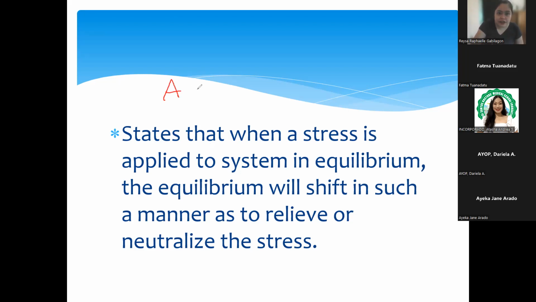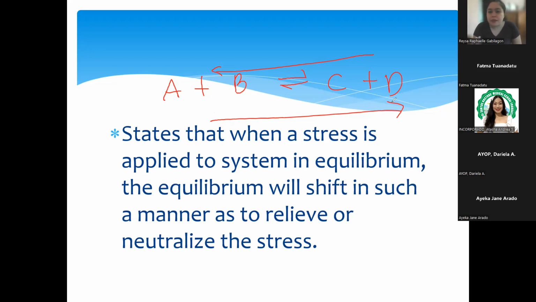So going to the right, that is our forward reaction, and going to the left is our reverse reaction. We achieve chemical equilibrium if we have equal rates for both sides. Okay? Equal yung forward and reverse reaction.